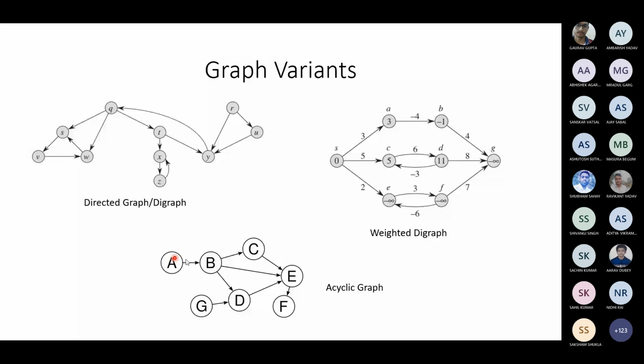You come from A to B, you can't go in the reverse direction. B to C, C to E, but E to B you cannot go. E to D also you cannot go. D to B also you cannot go. It is one direction. There is no cycle here. When there is no cycle in a graph, we call that an acyclic graph. These are different variants of graph. Is this clear?